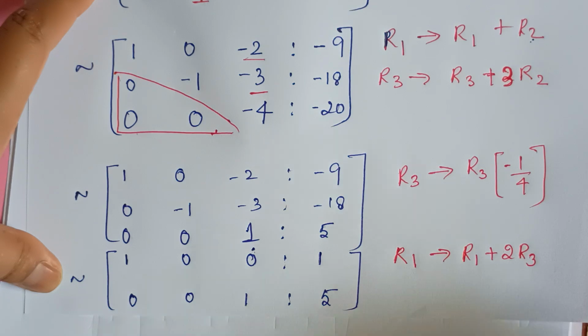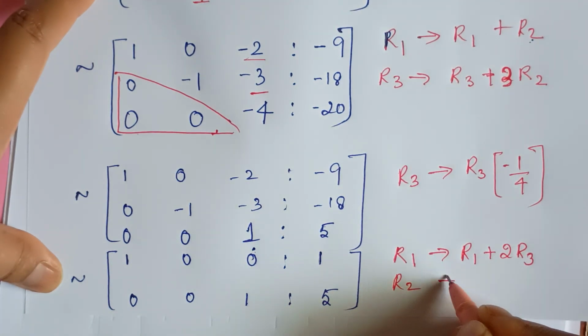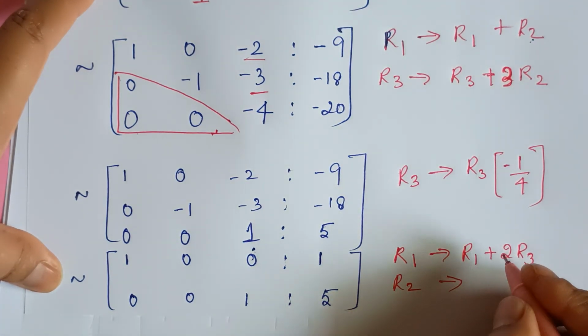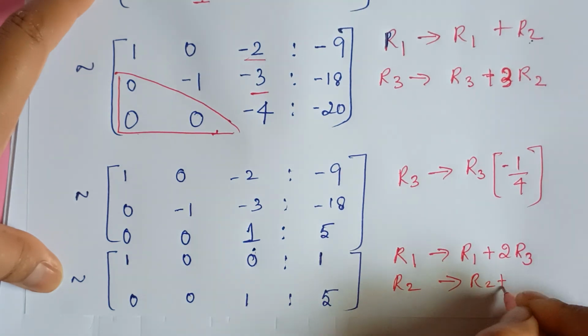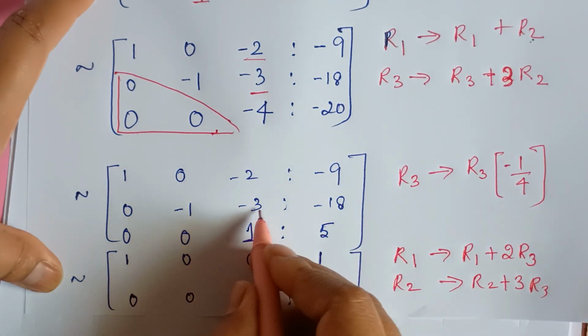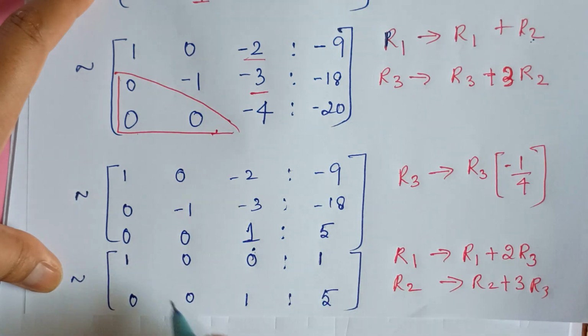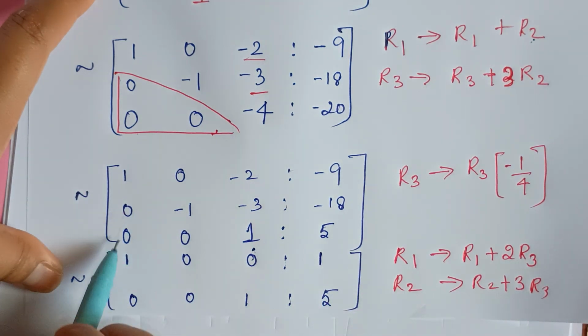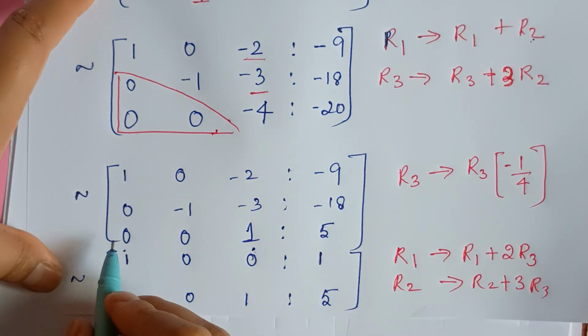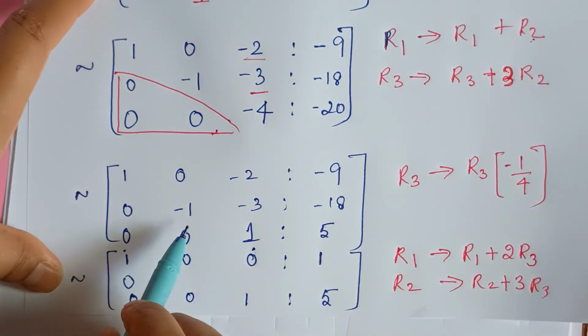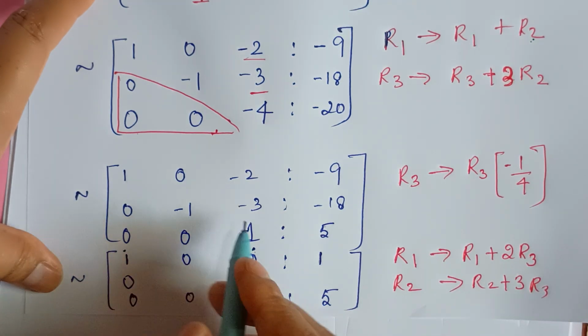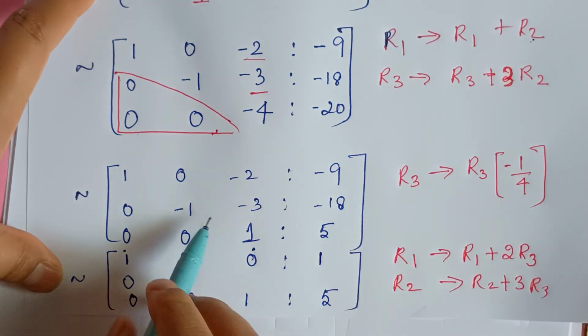Now row 2, I have to perform some row 2 operation too. So row 2 changes to row 2 plus 3 times row 3, just to reduce this to 0. So this row 2 plus row 3 3 times, this is going to be 0 plus 0, 0. Minus 1 plus 0, it is going to be minus 1 only.